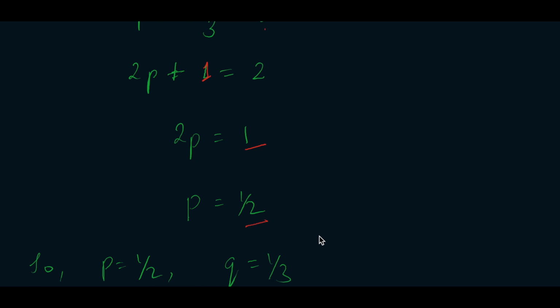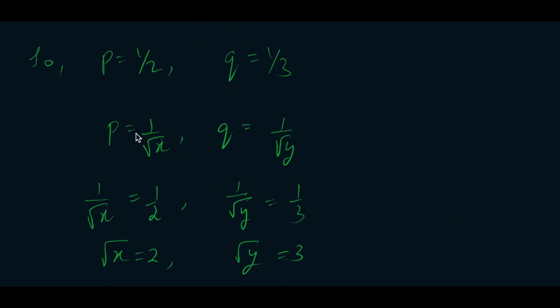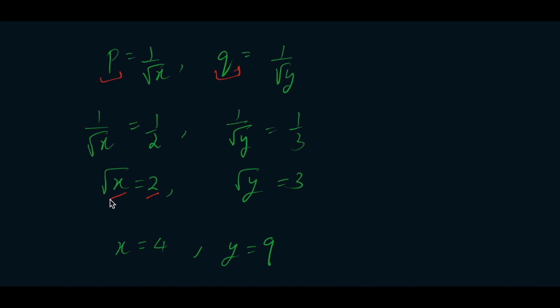We also know p in the form of x and y. So we know that p is equal to 1 by root x and q is equal to 1 by root y. And p is equal to 1 by 2 and q is equal to 1 by 3. So 1 by root x will be equal to 1 by 2. Hence the value of root x is 2. So when you square on both the sides, here x will be equal to 4.